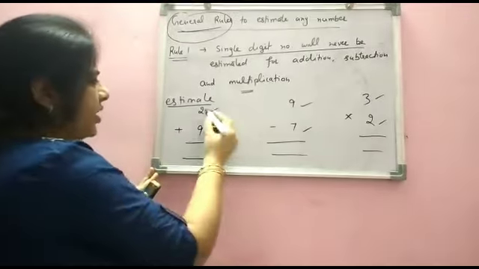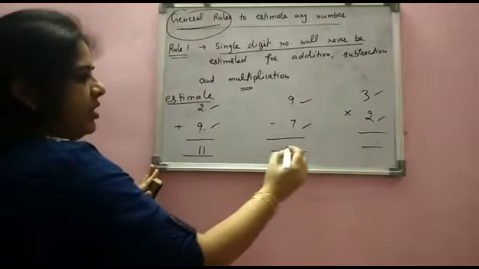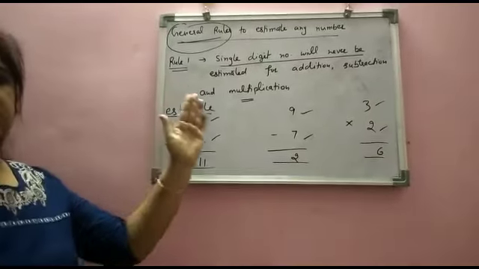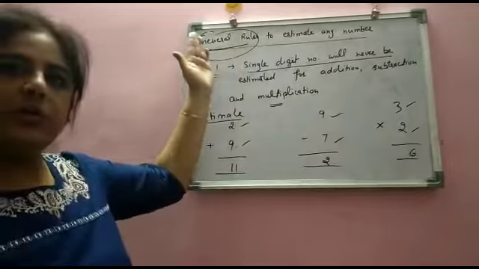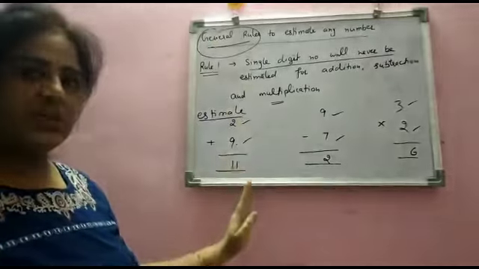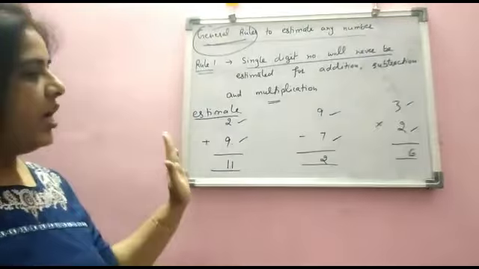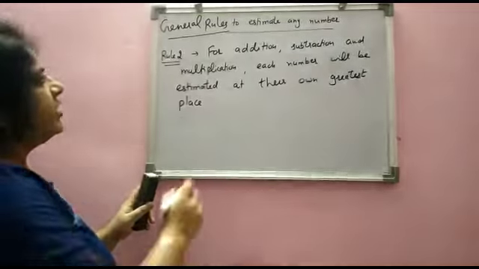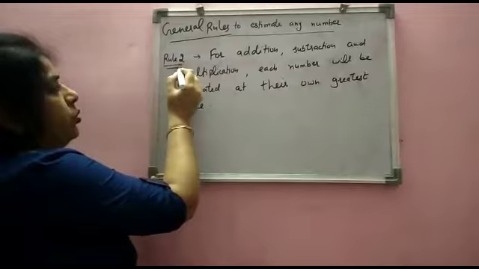Same here. So what would the answer be? 11, here 2 and here 6. So when a single digit number is estimated according to the general rule, it will remain the same, and we just calculate the addition, subtraction and multiplication.